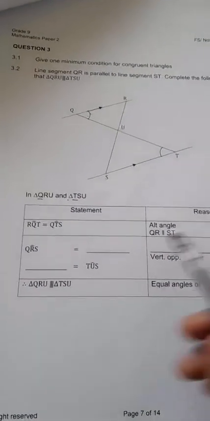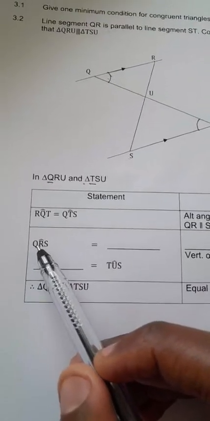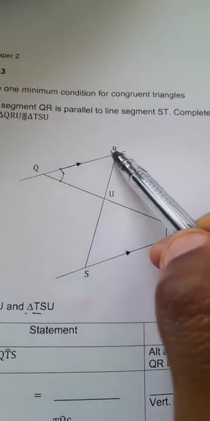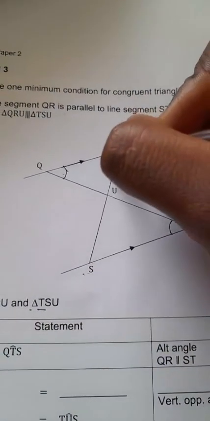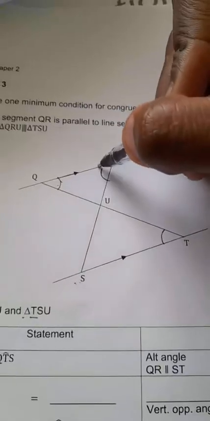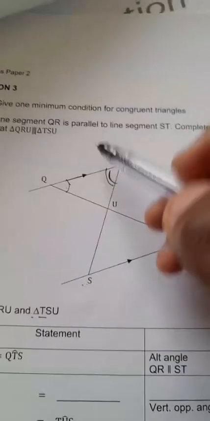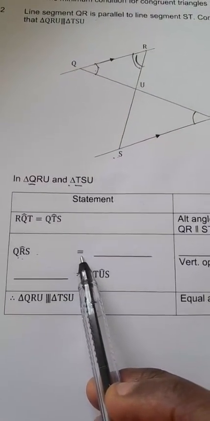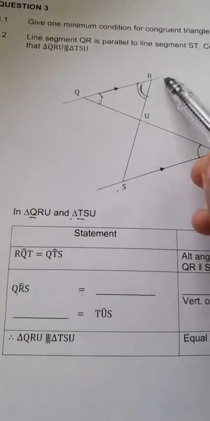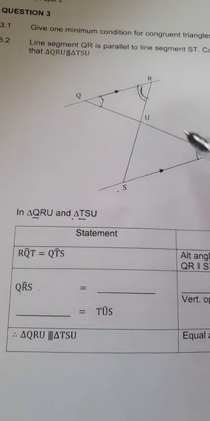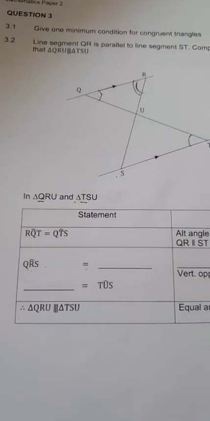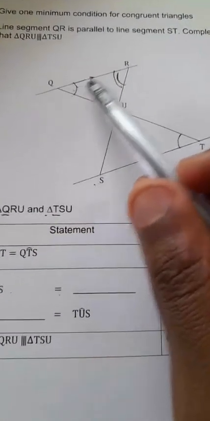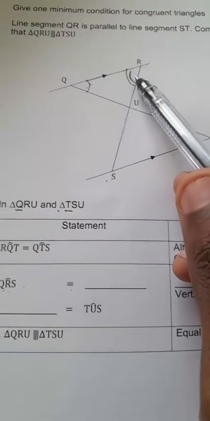Let's move on. Now they are saying angle QRS. Where's QRS? QRS, meaning this angle. So what I'm going to do is I'm going to just put a double to show this angle is different from this one. The question is, what is angle QRS equal to? Angle QRS, meaning this angle, is equal to which angle?